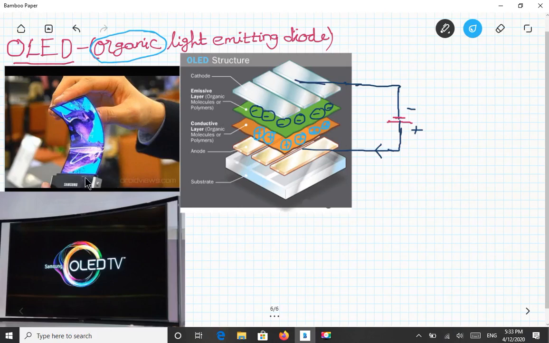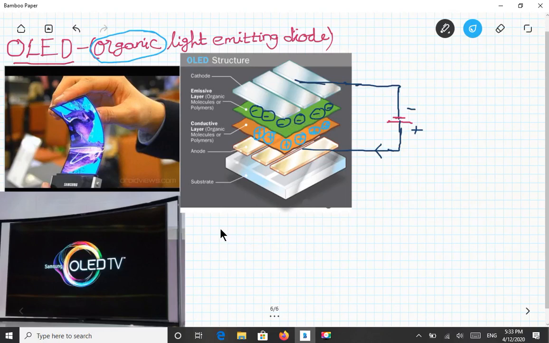You have also heard about this OLED display and the OLED TV, which was manufactured by Samsung. So OLED is a kind of light emitting diode which has polymers made up of organic substances.